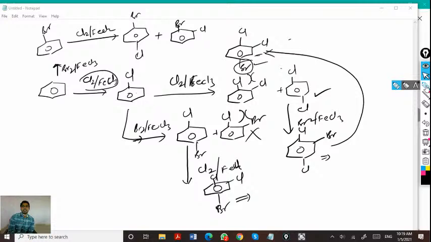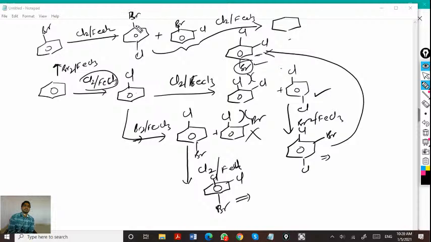If I treat these two products with one more chlorination, what's going to happen? This is para substituted, so it will be directed towards the ortho. The ortho of the bromine is more effective because bromine is less deactivating; its directing tendency is more compared to chlorine.